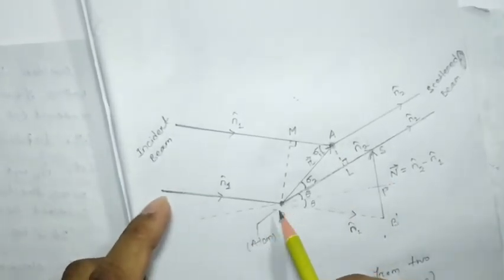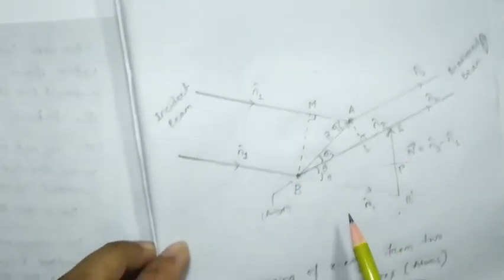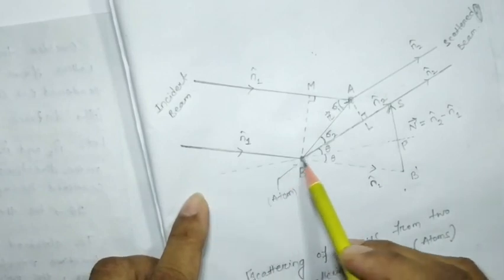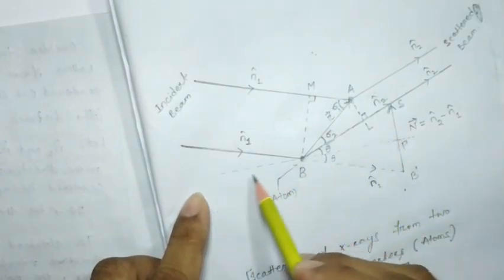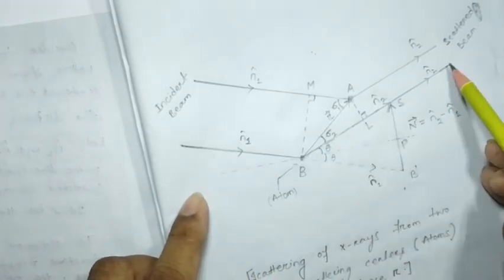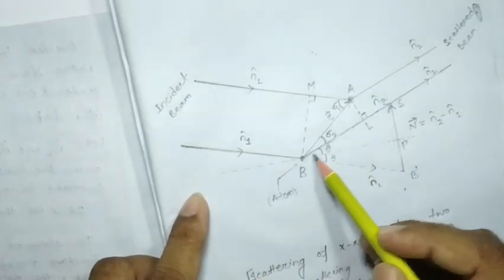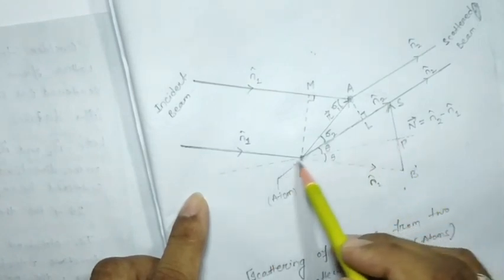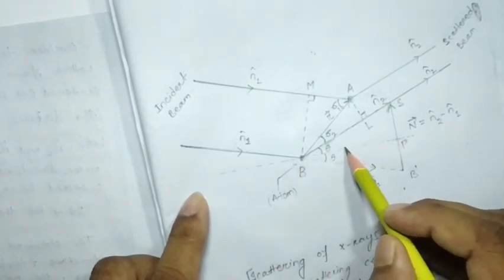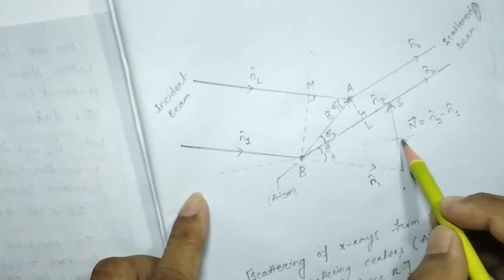How is it? See, this is atom B, and this is the so-called plane from where the ray has been diffracted. Suppose this is the plane where the atoms will be placed in this way.